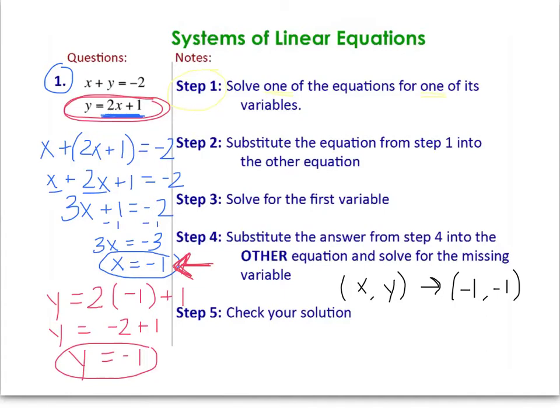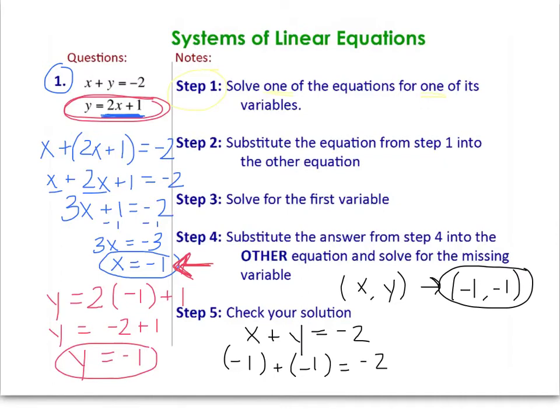So to check my solution, I'm going to plug this point into either one of my equations. Let's do equation 1. Equation 1 says x plus y equals -2. Well, -1 plus -1 equals -2. Does -2 equal -2? Yep. So this is my solution. This is the answer to my problem. That point is the point where these two lines intersect.